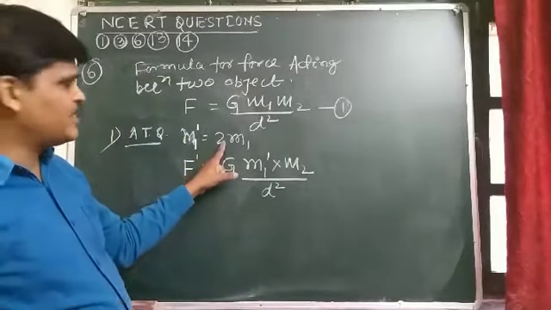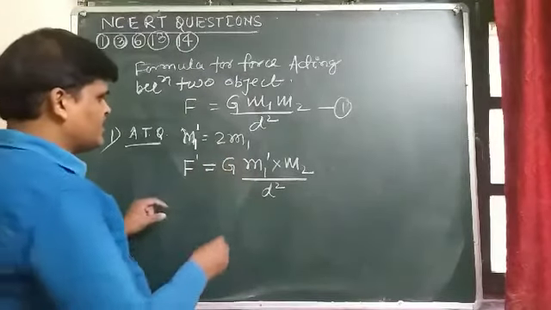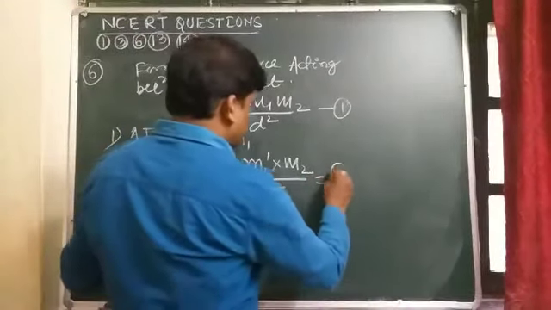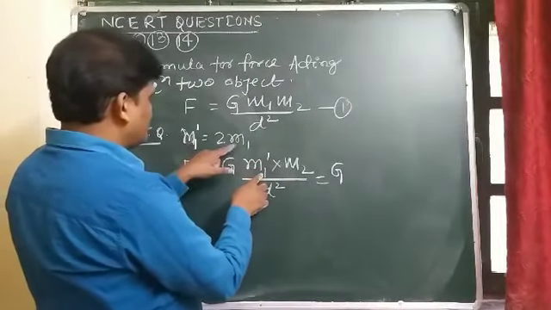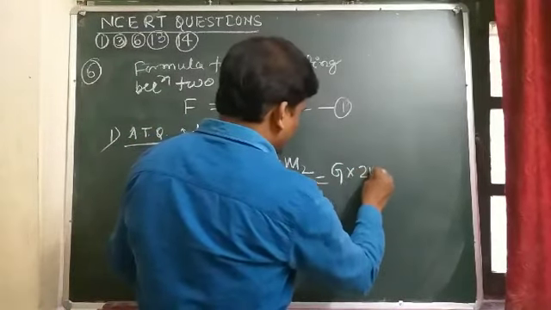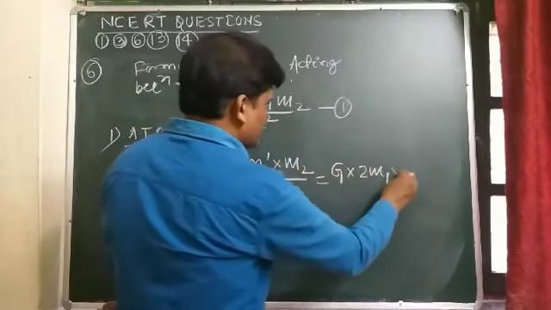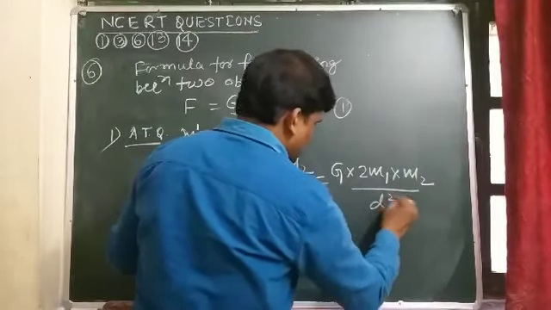Mass of one object is doubled, so what is the effect on the force acting between them? We put here G, and in place of m1 dash we put 2m1, and m2 is already there, over d square.